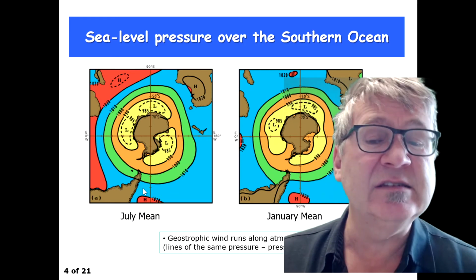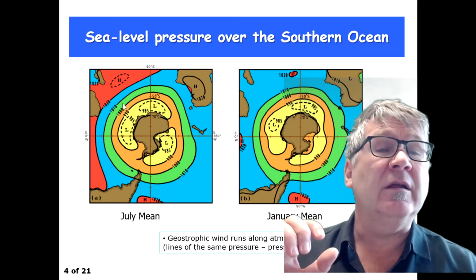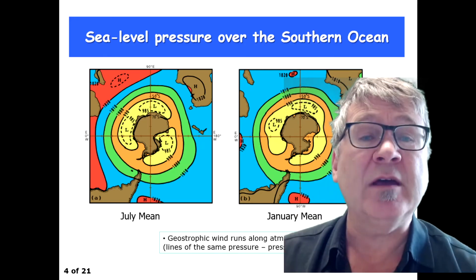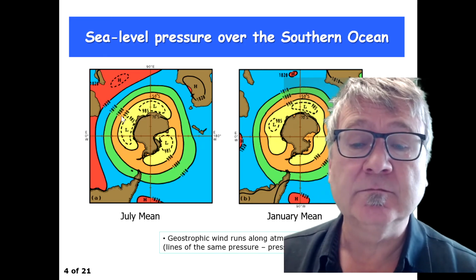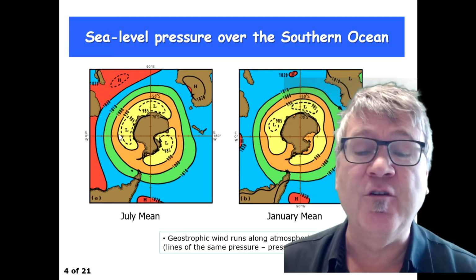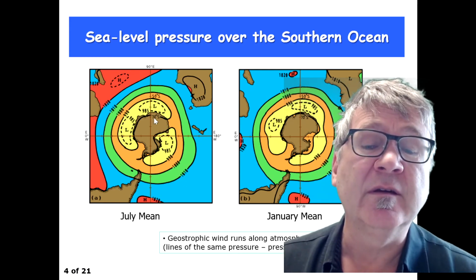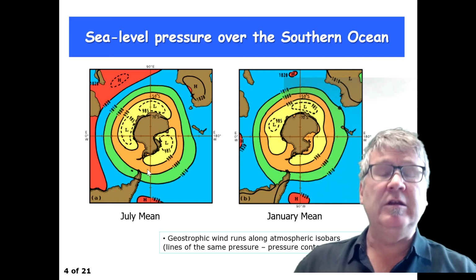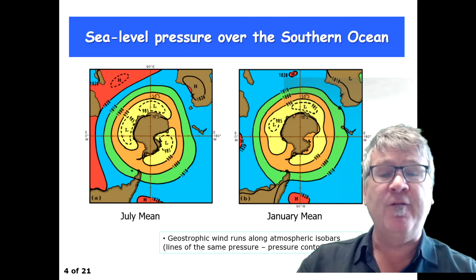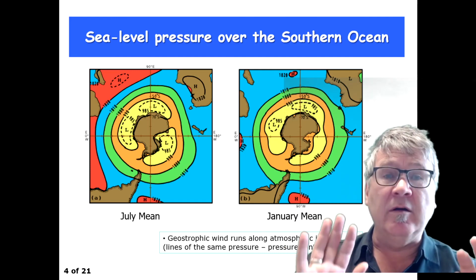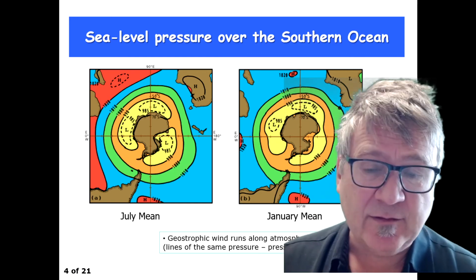Where the spacing is closer, that's where the winds are stronger. You can also see near the continent a reversal of the winds. So contour maps are really useful to infer or show the directions and distribution of winds.